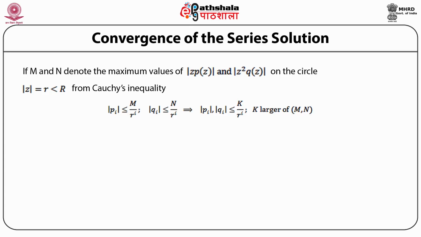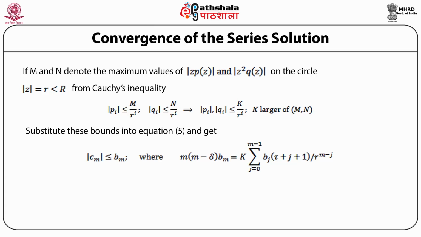Modulus of q_i will be less than or equal to capital N divided by small r raised to power i. This implies modulus of p_i and modulus of q_i are both less than or equal to capital K divided by r raised to power i, where K is the larger of M and N.